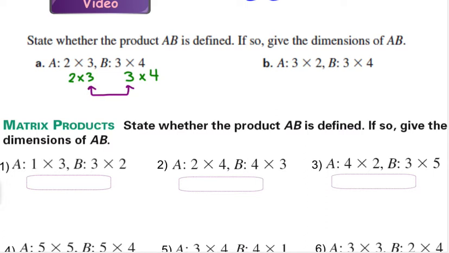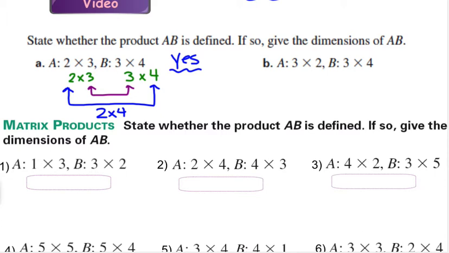So the result, after we multiply these two matrices together, will be a 2 by 4 matrix. So we're going to say yes to this problem. We can identify that these two matrices can be multiplied together, because the 3 and the 3 are the same, so our outers, I call them, our result will be a 2 by 4.